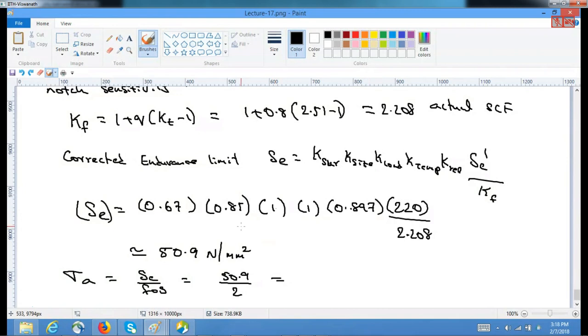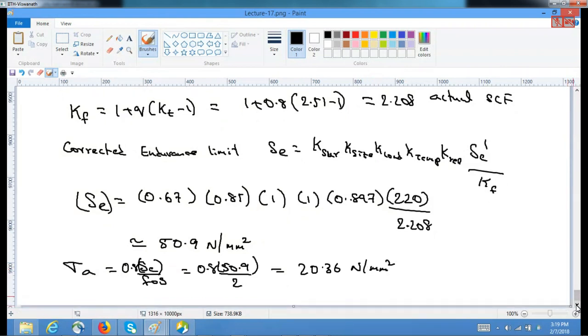So we have to take 0.8 times SC. In this case, it gives you 20.36 Newton per mm square.